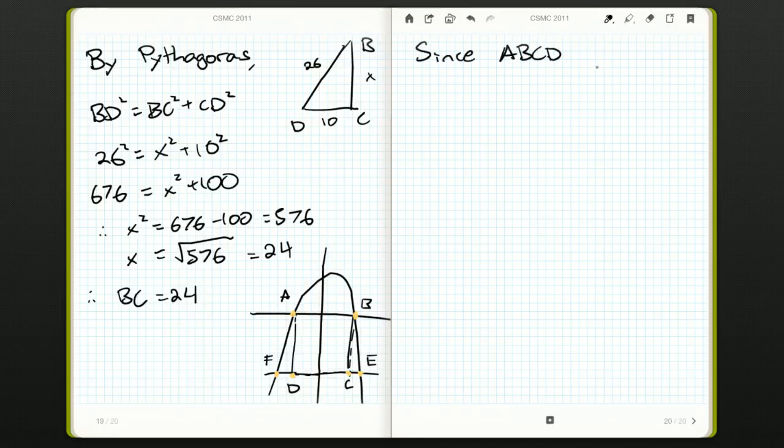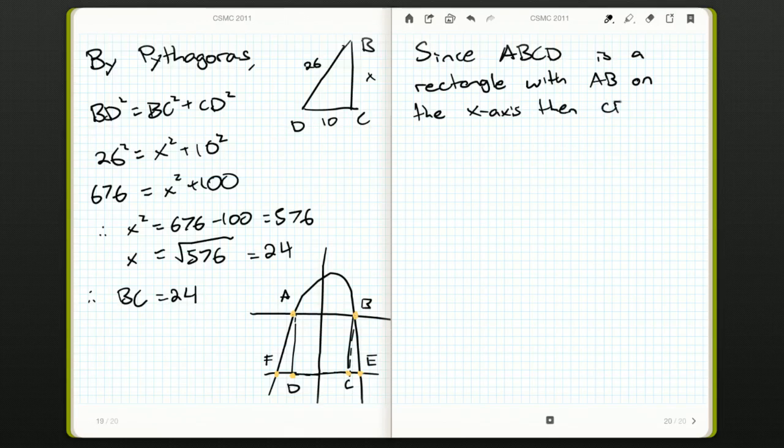So I notice that since ABCD is a rectangle, and AB is on the x-axis, then CD is parallel to the x-axis.